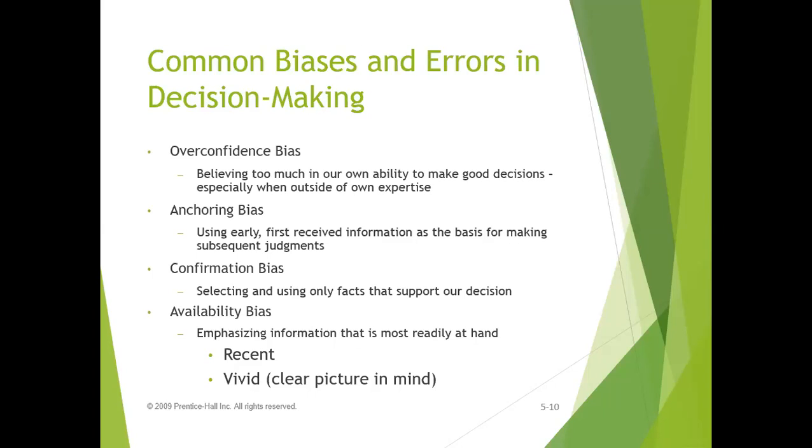Anchoring bias is the tendency to fixate on initial information and fail to adequately adjust for subsequent information. Anchoring is that what comes first, the first information, and based on that first information, you take the decision. You cannot judge the subsequent data, information, whatever is related to this.